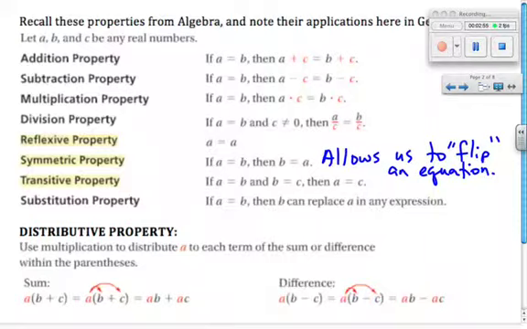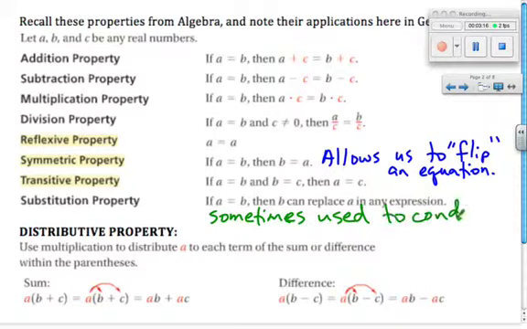A lot of times also, substitution property, maybe you want to jot this down also, substitution property is sometimes used to condense equations. And maybe that phrase doesn't make a lot of sense right now. When we do an example in which we use it, I hope it becomes more apparent then.